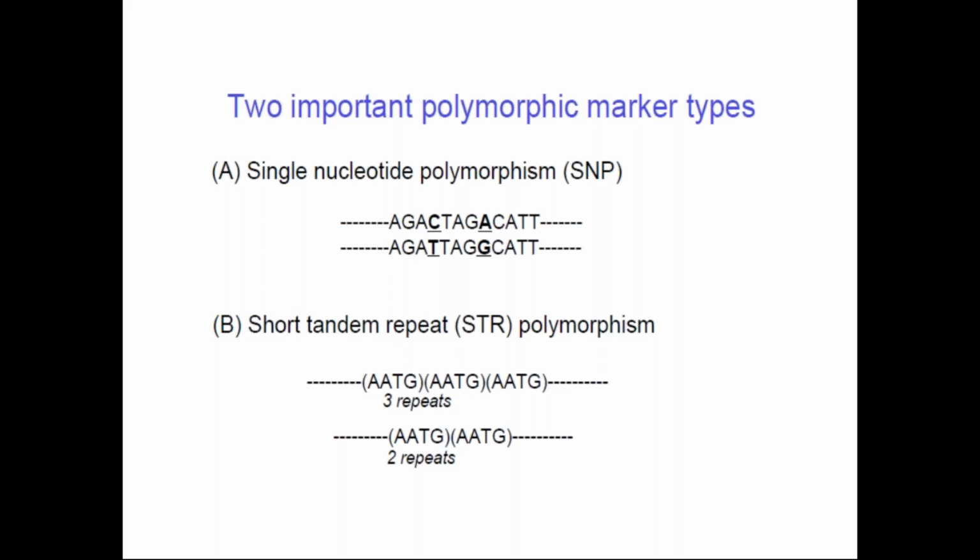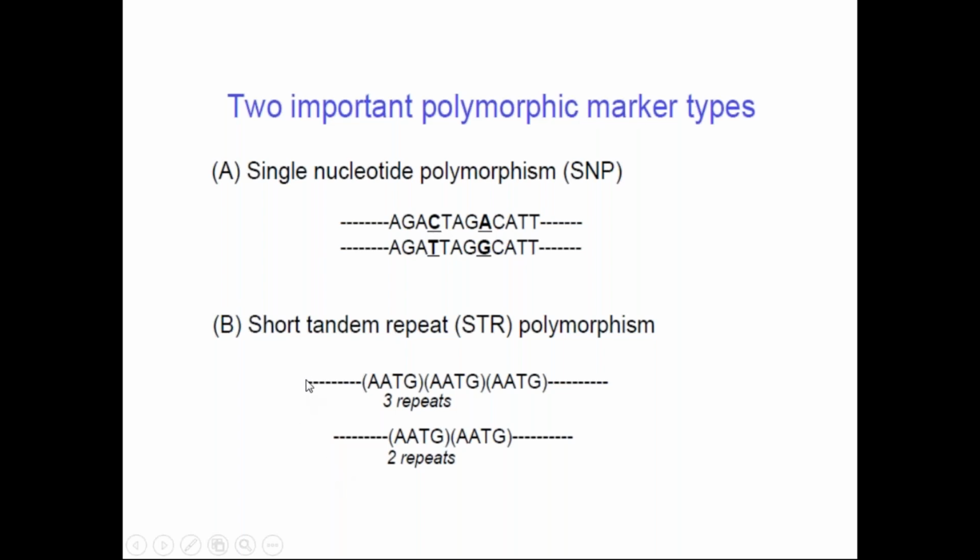And that short tandem repeat polymorphic region also shows variation from individual to individual in terms of the number as well as the length. Suppose we consider here these 2 individuals.